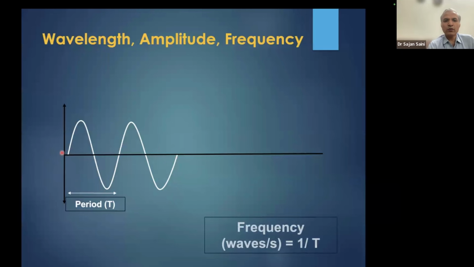The wavelength is from the beginning to the end of the first wave. So what is the frequency? The frequency and wavelength are inversely proportional. The number of waves per second is known as frequency.